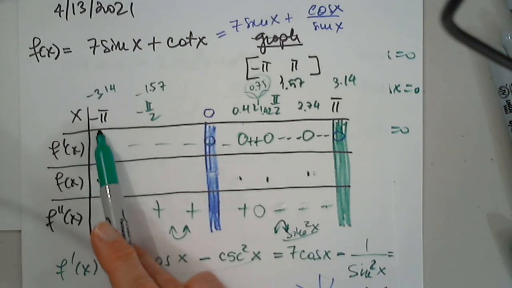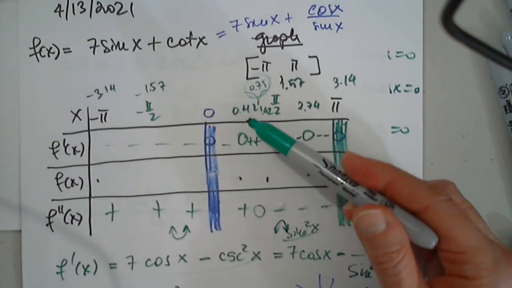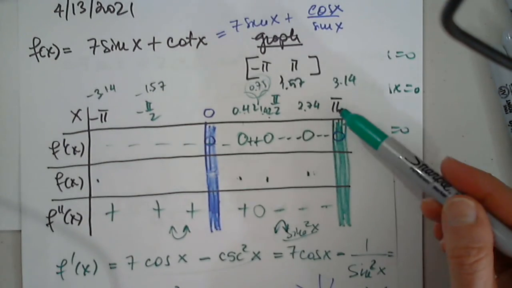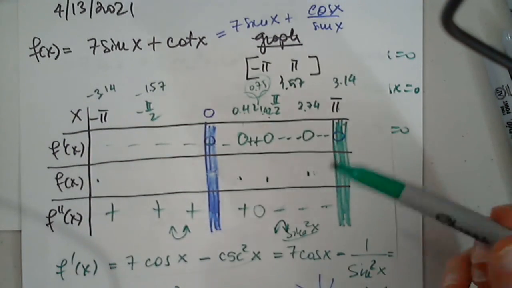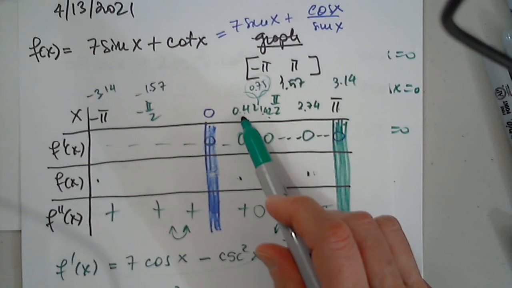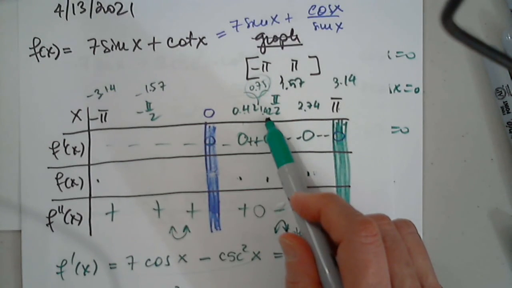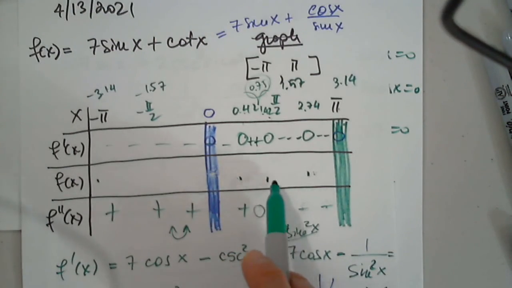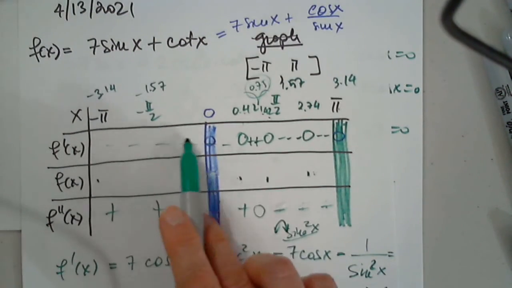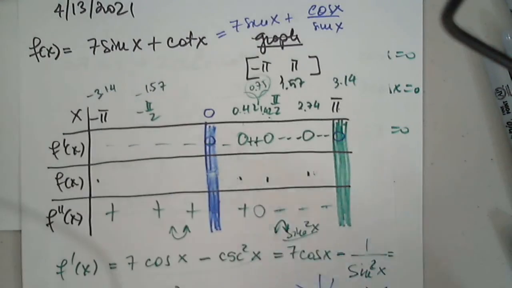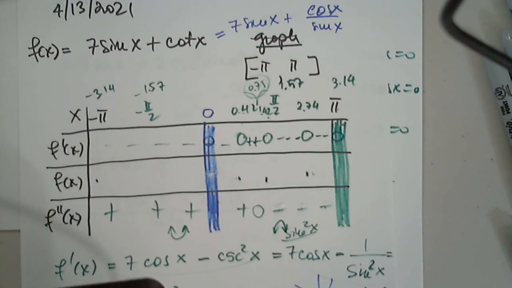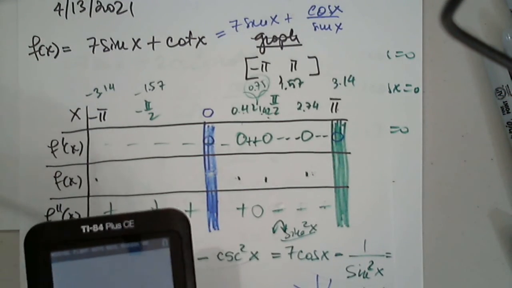It's decreasing between negative pi and 0.42, union 1.42 and pi, and it's increasing between 0.42 and 1.42. I always determine these numbers just to check my signs, because if these two rows don't work well together, then I'll say, oops, I have an error.